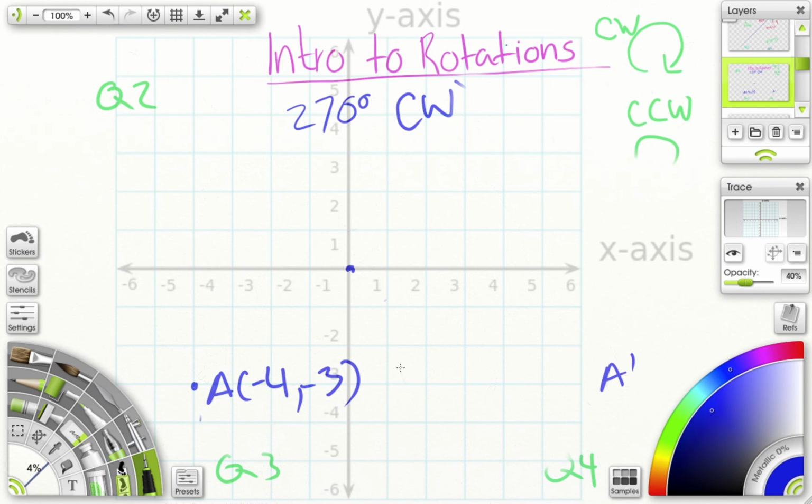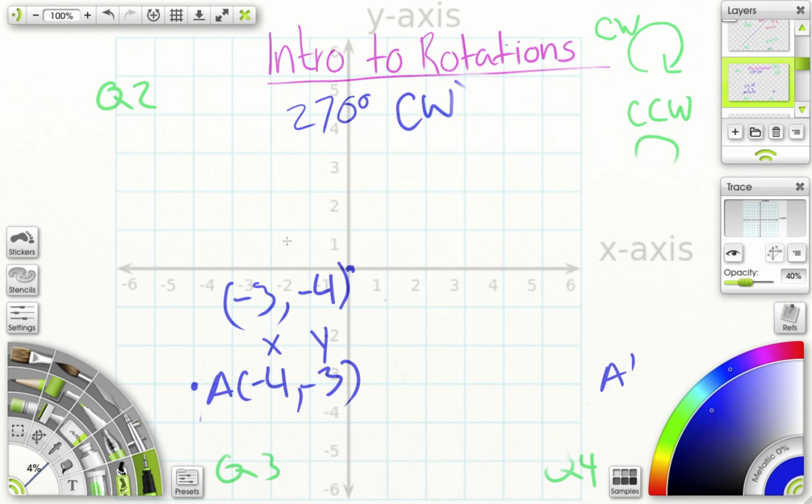Now, my rule for 270 is my x and y switch around. So it's going to become -3, -4. However, one of those digits now becomes the opposite. How do I know which one it is?